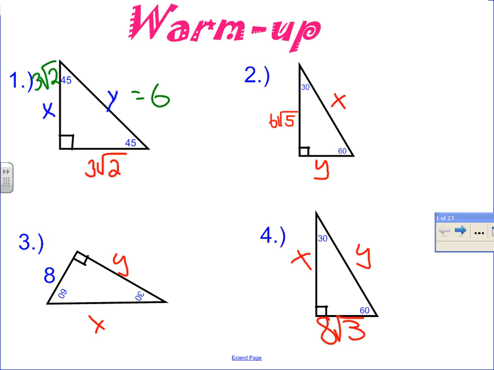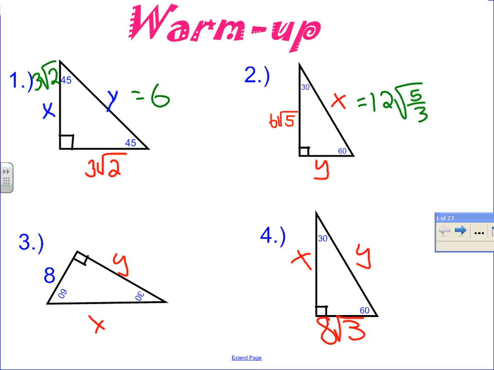Josh, for number 2, what did you get for X? 12 to the square root of 5 over 3? That's the answer you'll get if you don't simplify. You could leave it as 12 square root of 5 over square root of 3. That works as well.